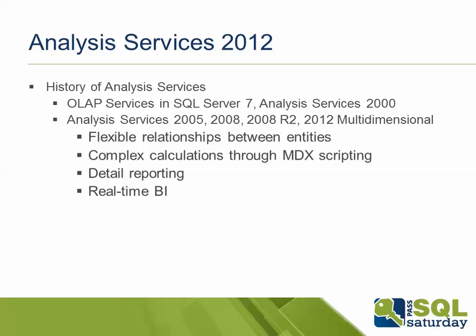All right, so fast forward to today, and now we've got this new generation of Analysis Services 2012 Tabular. I think it's fair to say it really is the next generation of Analysis Services, because the way that it stores the data, it compresses all the data into memory, which means that the queries are blazing fast, right?